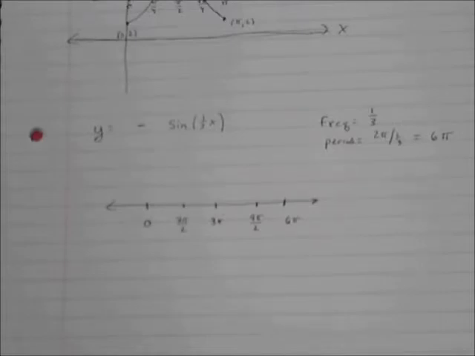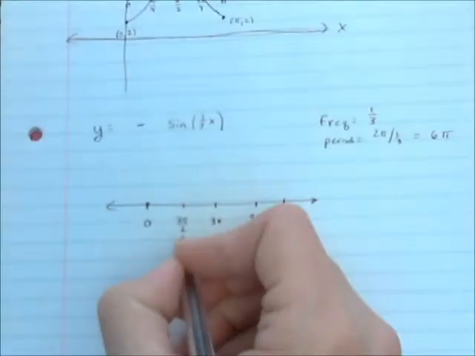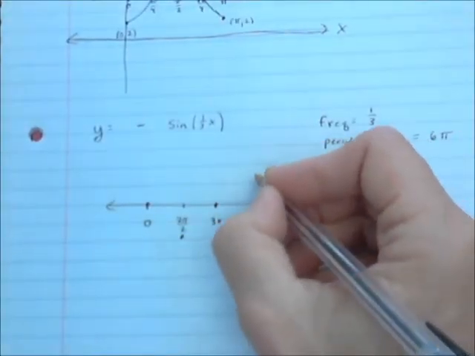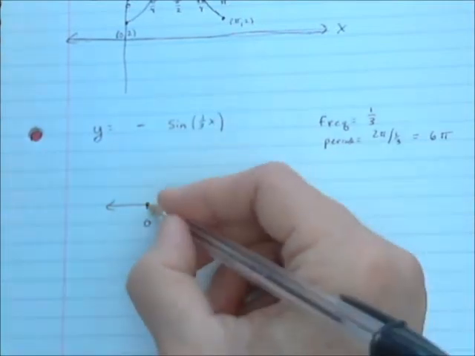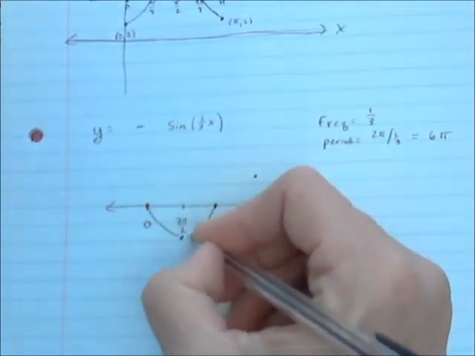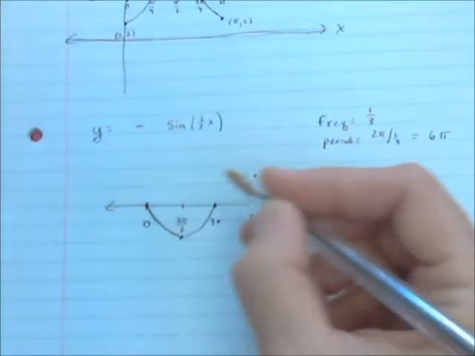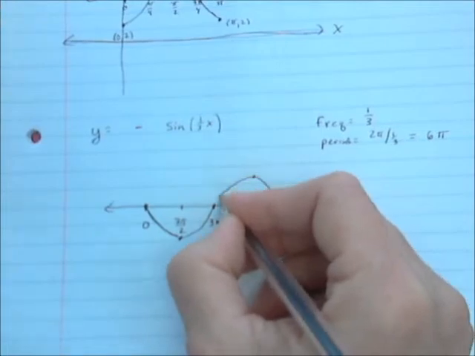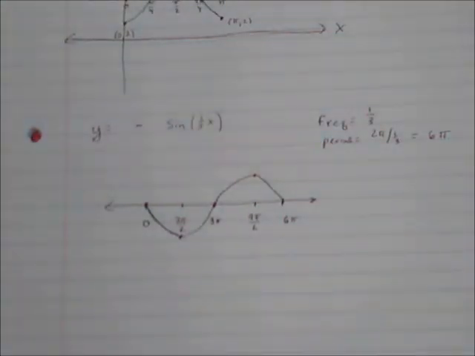A negative sine curve starts at the midline, comes down first, hits the midline, goes up, and hits the midline. So we have a concave up graph in the first half of it. So you draw your little bowl, and then we have a concave down part of the graph in the second half. So there's your negative sine of 1/3 x with those important x values.